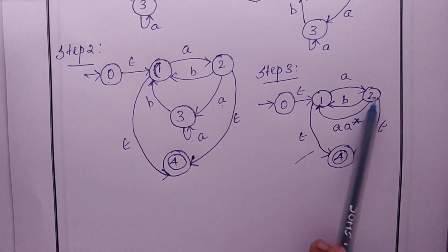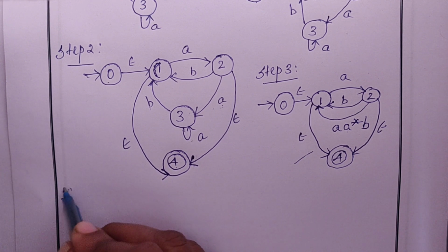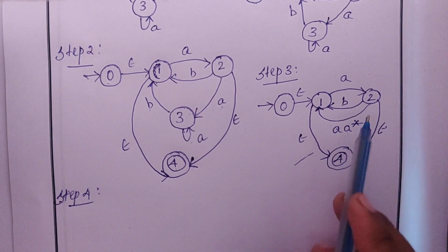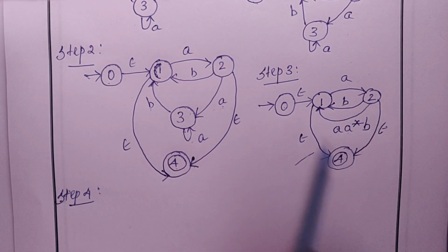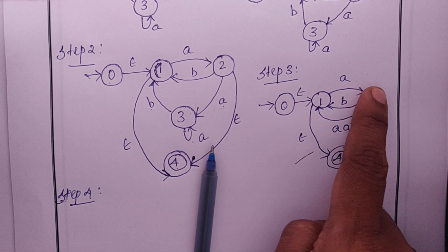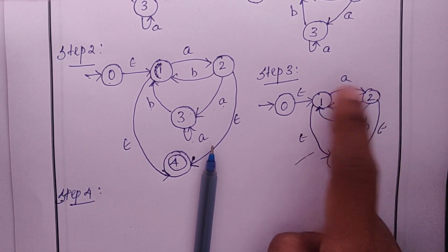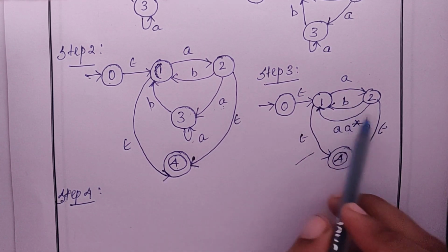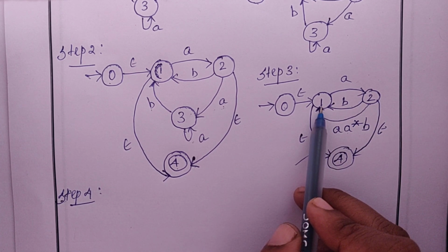Now I will try to remove state 2. So step 4, I will try to remove state 2. Now you check state 2. If I remove this state 2, this state 2 has 3 outgoing edges and 1 incoming edge. Out of these 3 outgoing edges, 2 outgoing edges go to state 1.